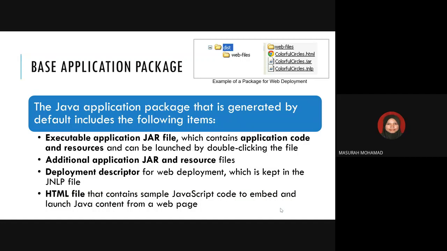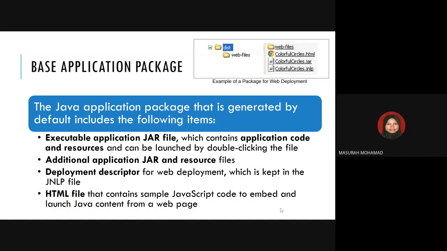The first one is the executable application Java file, which contains application code and resources and can be launched by double clicking the file. Number 2, additional application jar and resource files. 3, deployment descriptor for the web deployment, which is kept in the JNLP file, and an HTML file that contains sample JavaScript code to embed and launch Java content from a web page.